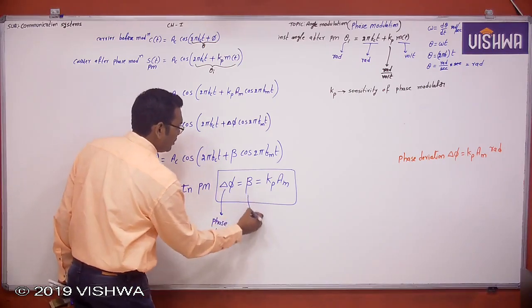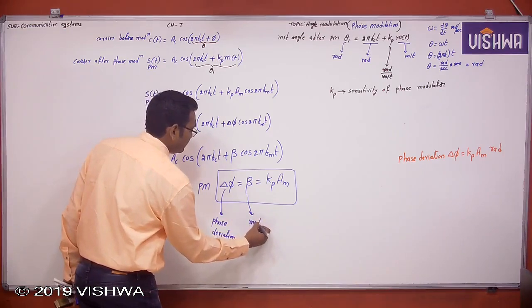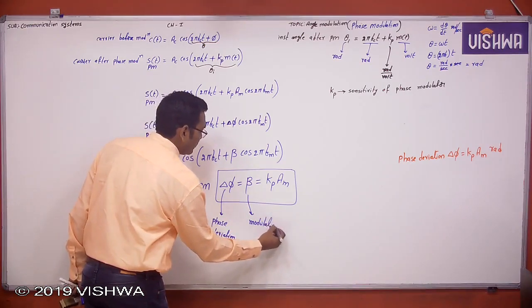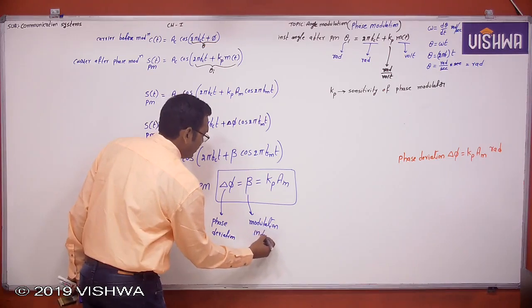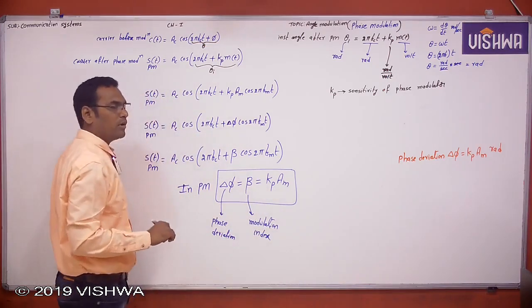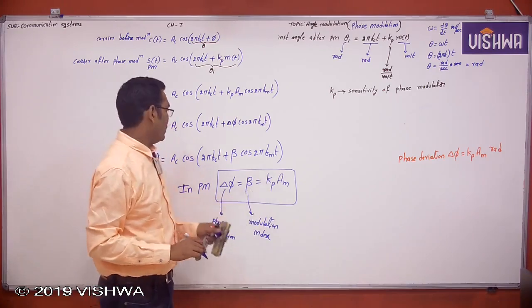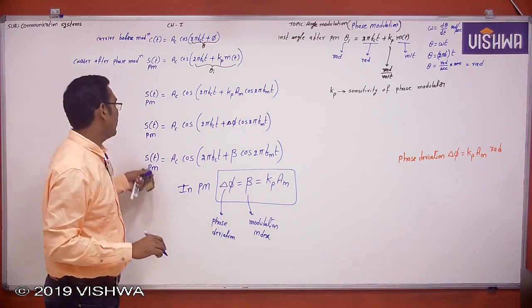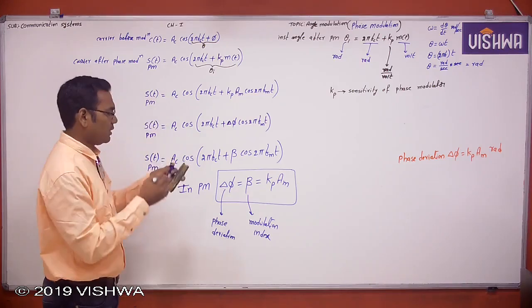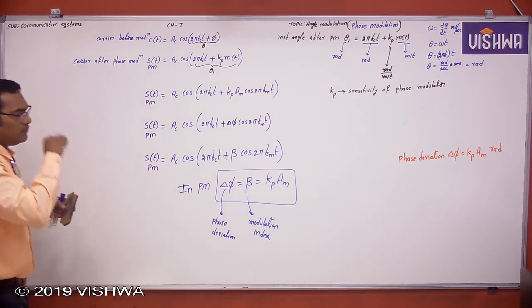In PM, the phase deviation and modulation index both are the same. This is the PM signal in time domain. Okay, note this.